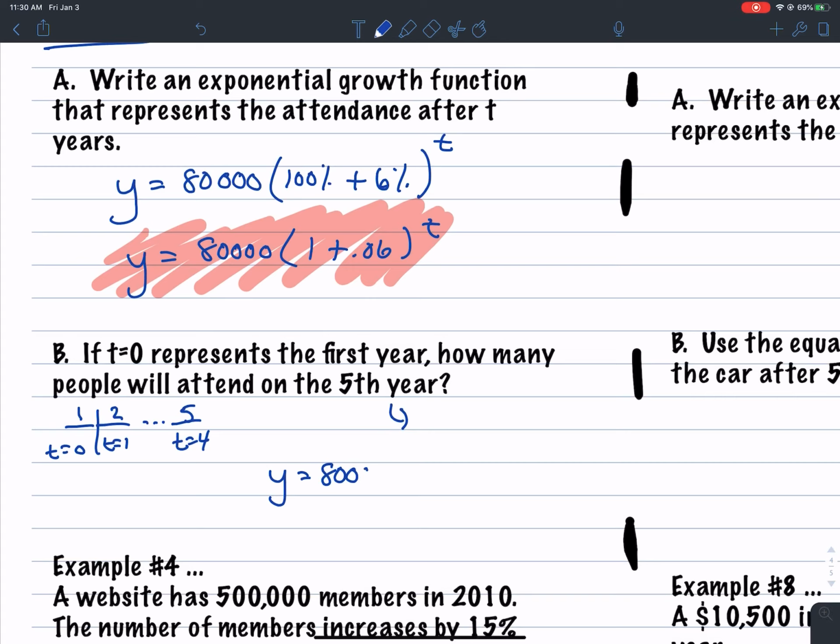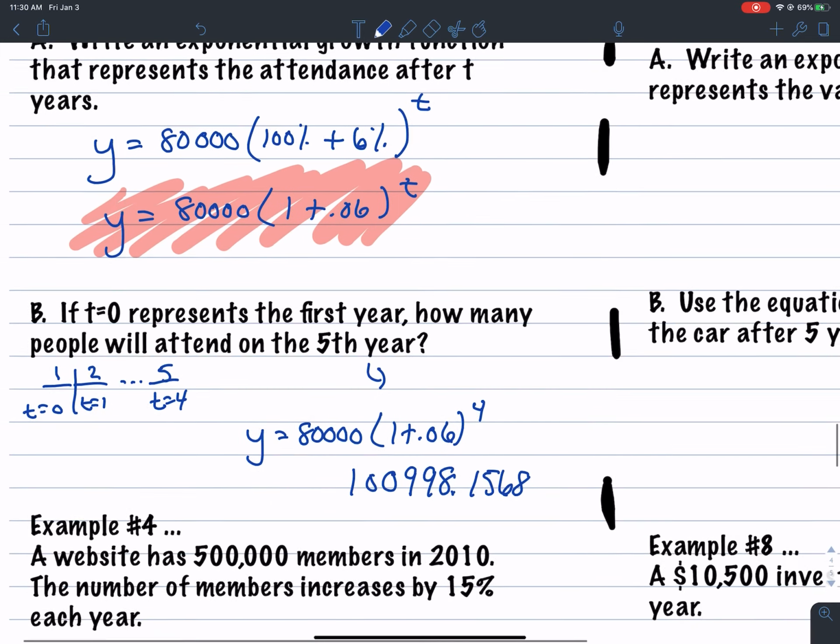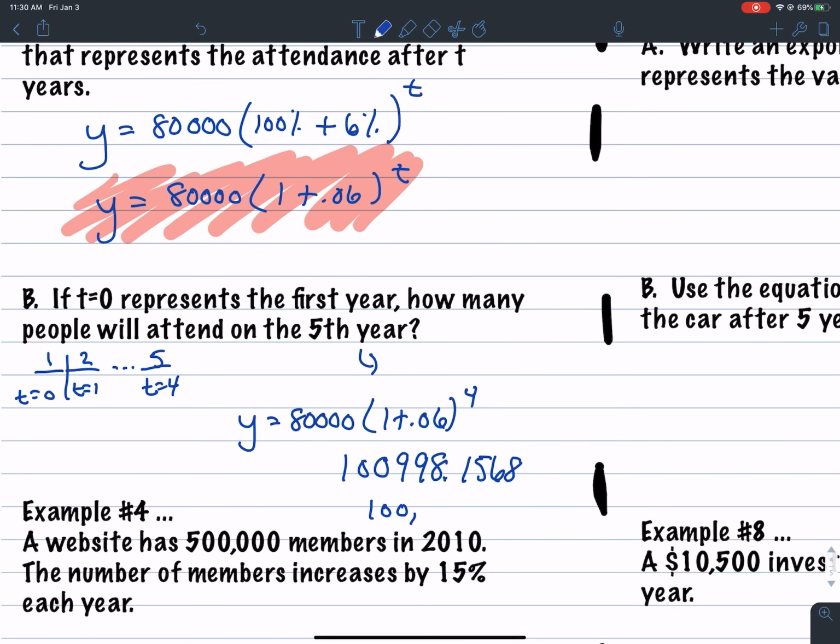I'd write my equation, and then you'd use your calculator to evaluate. I'm typing in exactly what I see into my calculator and hitting enter, and I get this number. Now that's in people, so I might round that to the nearest person.